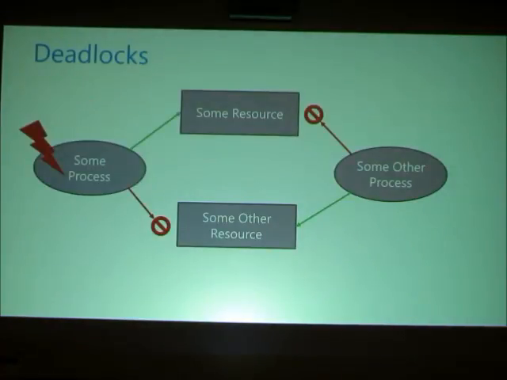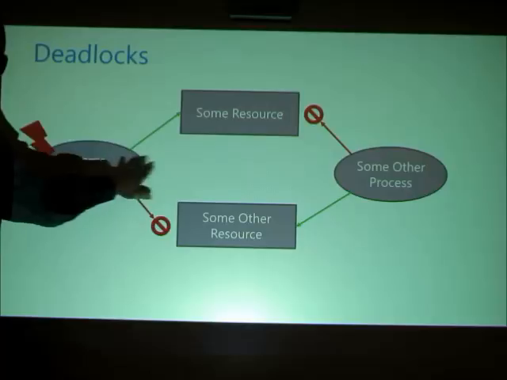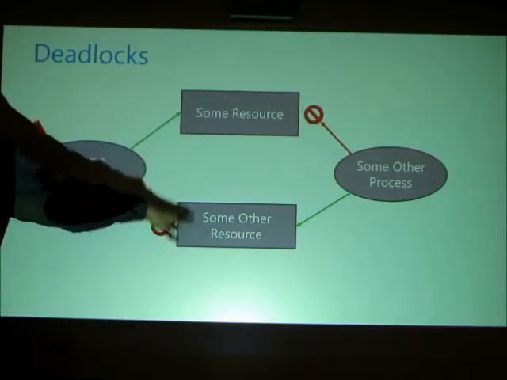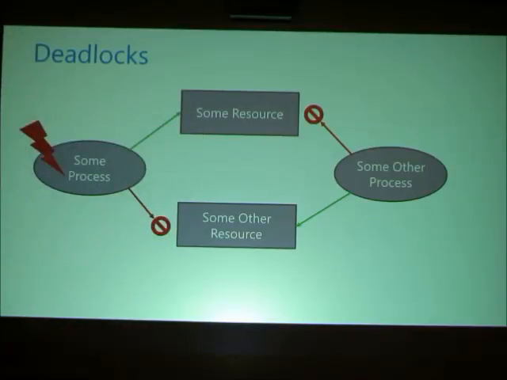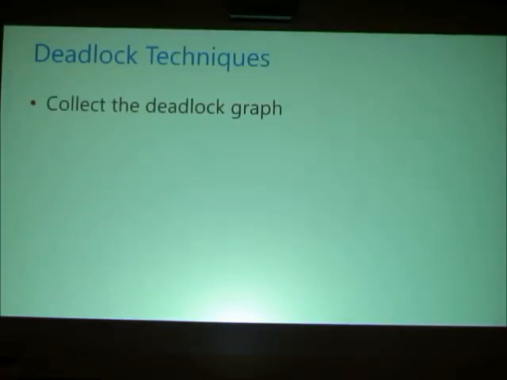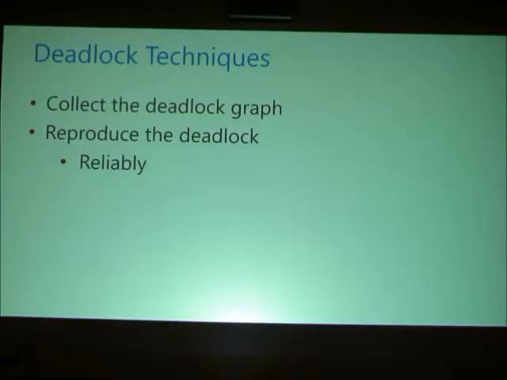I'm calling this a graph because it has nodes and edges, the mathematical graph. This is all the information that I want. I want to know who both actors are. What resources were they fighting over, right? If I just look at the one process that got killed, I don't have all the information. So collecting the deadlock graph is imperative.